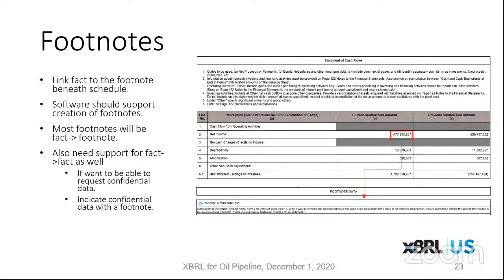Okay, so just one other area to be aware of is footnotes. In prior forms, companies used footnotes a lot to report data because it doesn't really fit into the form cleanly.